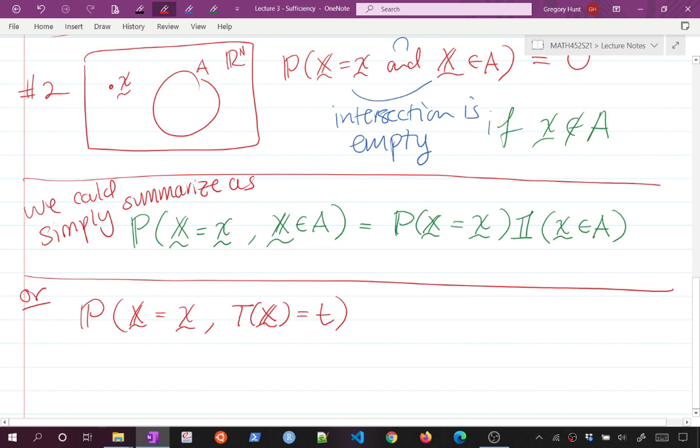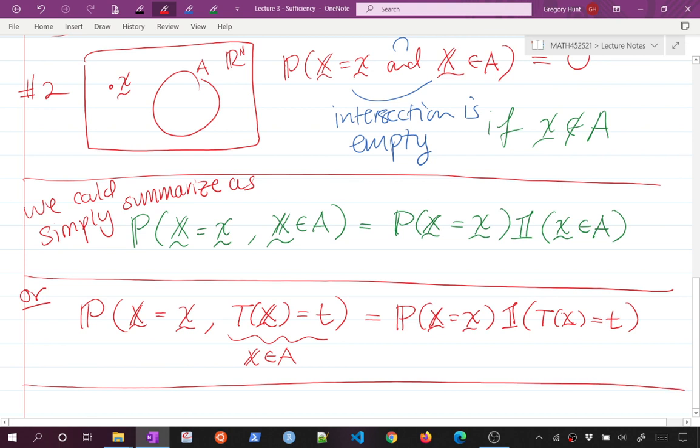But this is just one particular choice of A. There's some A where this is true. And so we could just summarize this as X is equal to little x, indicator that T of little x is equal to little t. Same exact deal. One could summarize it in this way.